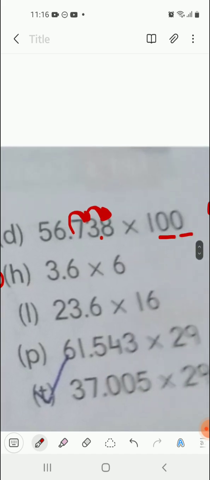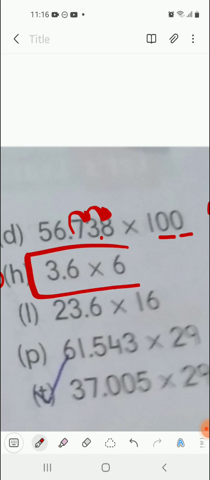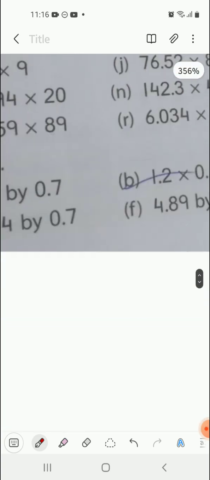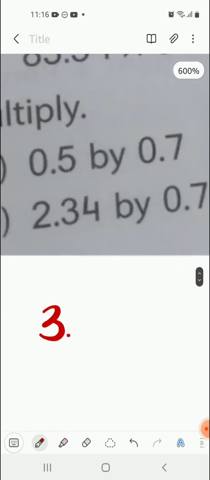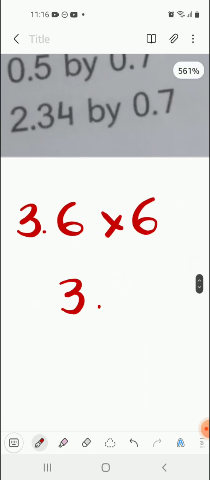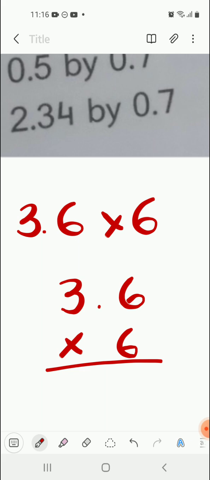Moving on, 3.6 into 6. Now we have to start working out. Here it is not 10 or its multiple, so in that case, we have to work it out. Simply write down the number 3.6 into 6. Multiply the number as if there is no decimal point. Normally multiply 36 into 6.